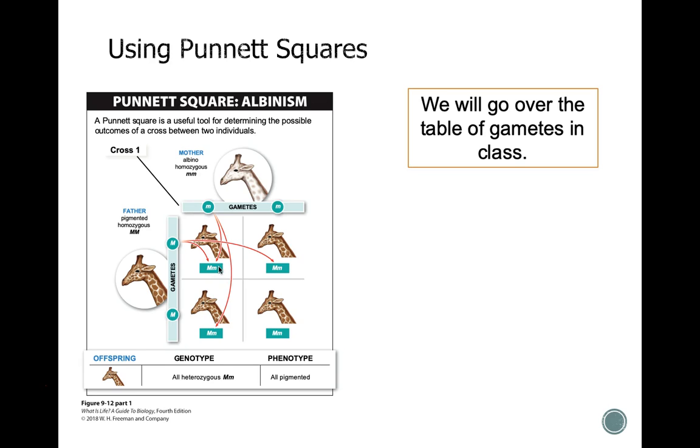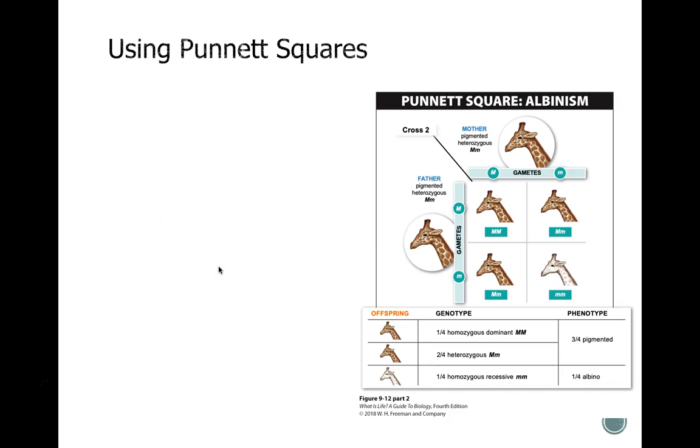So now let's do a different cross here, and let's cross a heterozygous female and a heterozygous male. Now, if you will follow through this table of gametes and perform your Punnett Square, you will see that we have some different combinations from the last cross.